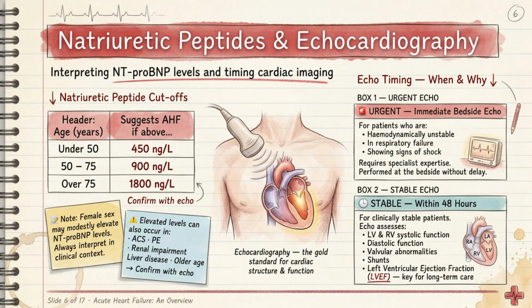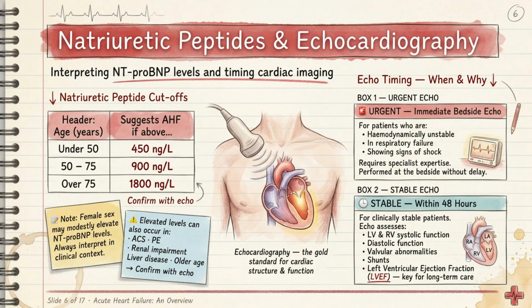Now, echocardiography. It is the gold standard for assessing cardiac structure and function, and the timing matters. Box 1. Urgent echo. Immediate bedside echocardiography. For patients who are hemodynamically unstable, in respiratory failure, or showing signs of shock. Requires specialist expertise.